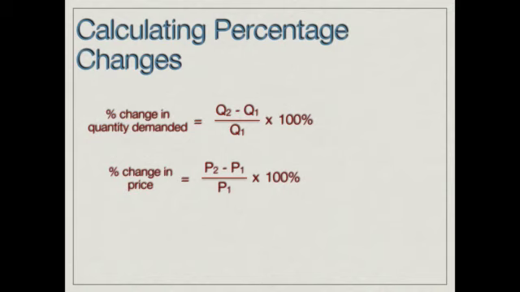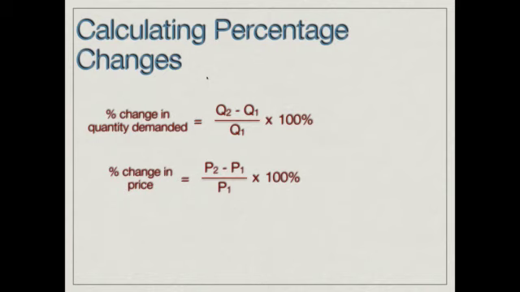One way we can calculate elasticity is calculating the percentage change in quantity demanded relative to the percentage change in the price. The way that you do this is that you will be given information on the original price and quantity, and the new price and quantity.